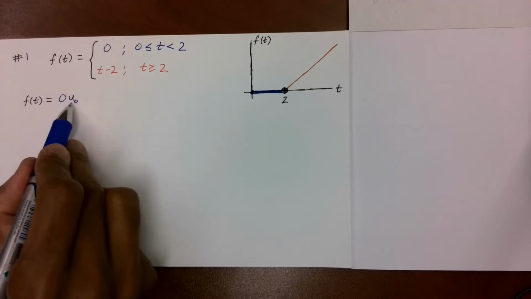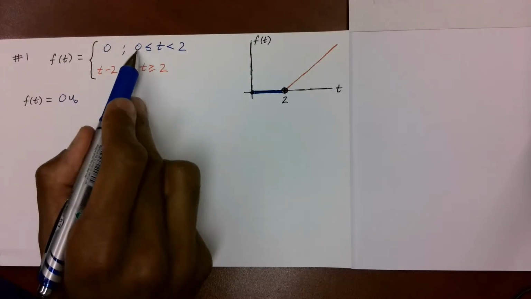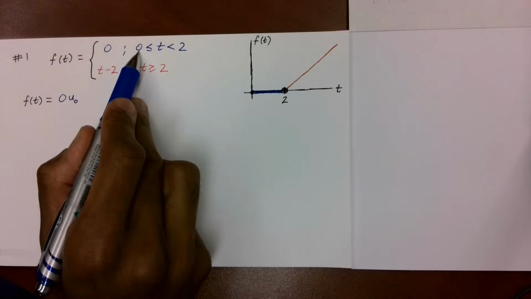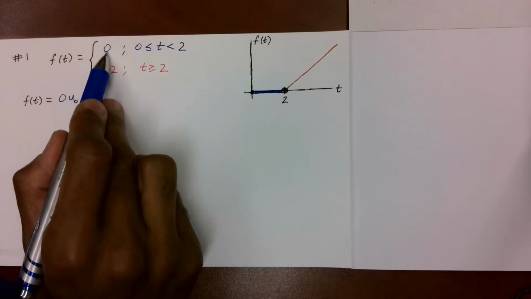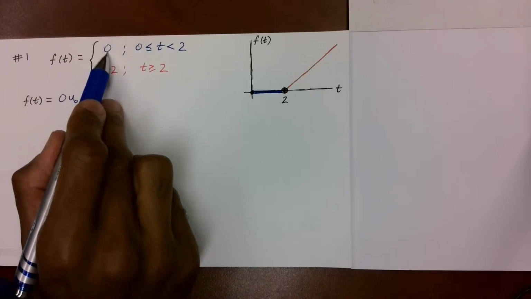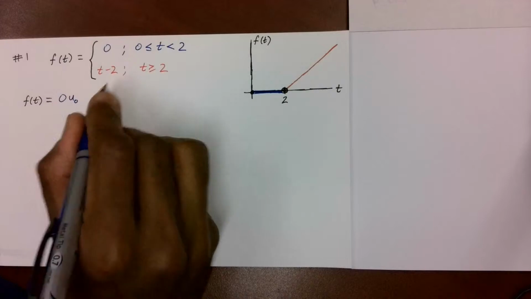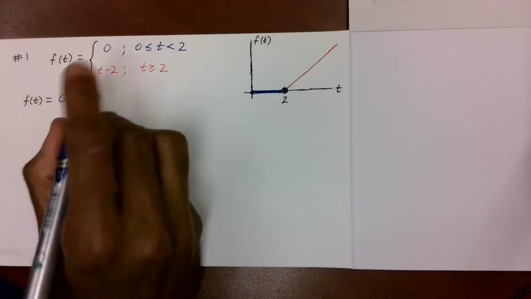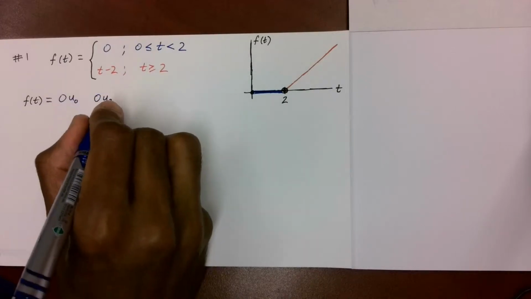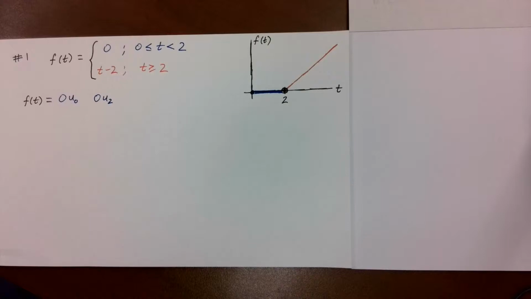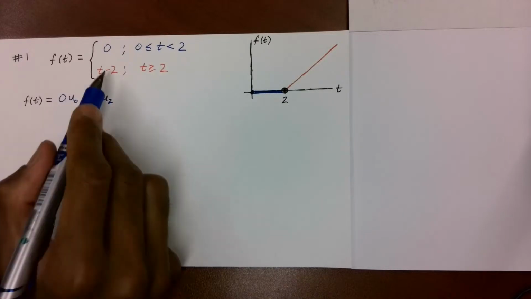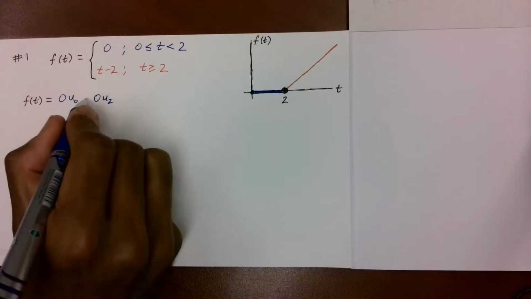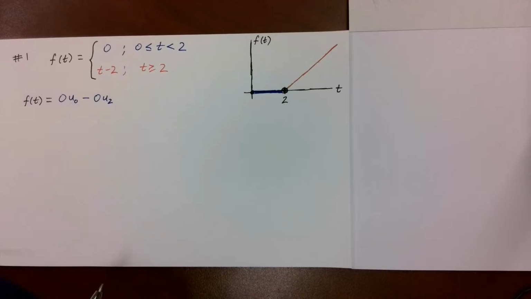So u0 signifies where this function starts. Likewise, this 0, the signal of 0, it stops at t equals 2. So I'm going to attach a u2 along with it. However, because the signal of 0 stops at 2, it has to be subtracted. So whenever the signal stops, it has to be negated.